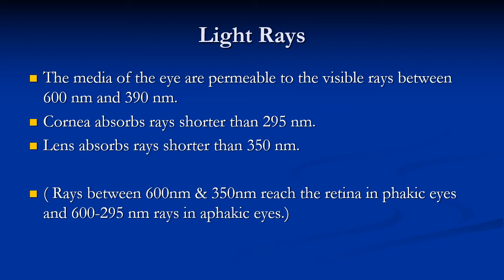After the invention of the intraocular lens, we designed a UV absorbing lens. If you see the packet of an intraocular lens, it is written UV absorbing lens. So the toxic rays are absorbed by this intraocular lens and are not allowed to reach the retina. This is important to remember.